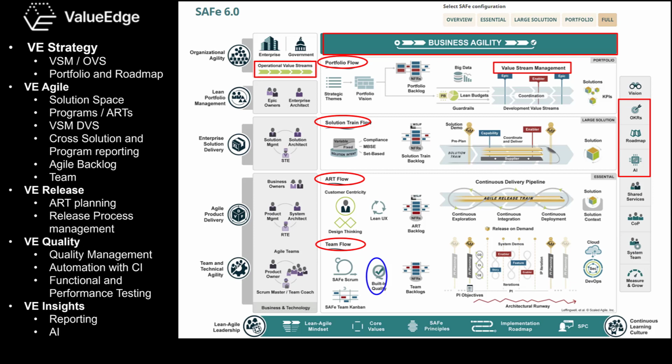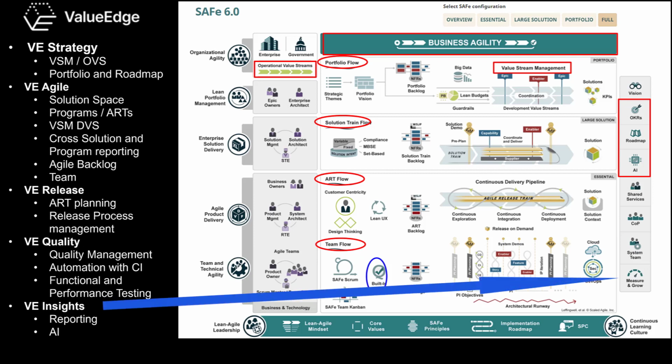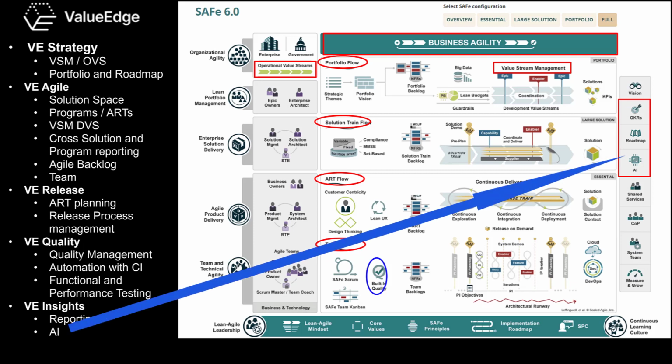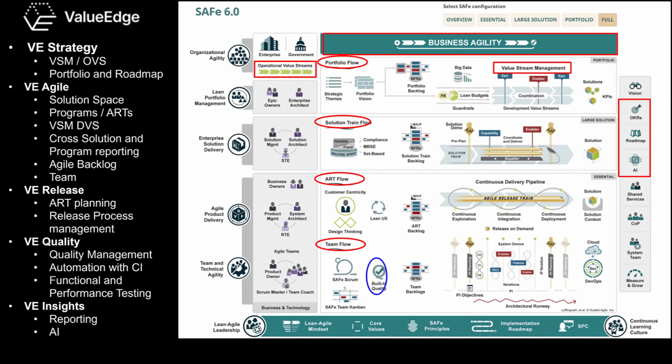And last but not least, as Victoria mentioned, the ValueEdge Insights module that will provide us a wide range of dashboards and widgets that will help us focus on the real problems, see the bigger picture in a nice dashboard that will tell us exactly where we stand, where the risks are, etc. And on top of this dashboard, and on top of everything that we're doing in ValueEdge, we have lately added a lot of AI thought into the reporting and across the product that will help us be much more efficient in our innovation work, rather than drilling down into problems that AI can do for us.